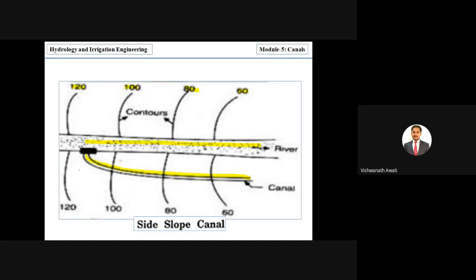For example, a stream which is a tributary. So it is provided along the existing drainage, meaning streams. Due to this there is no chance of cross drainage work because we are already providing it along the natural drainage, and we can save the construction cost of cross drainage work.